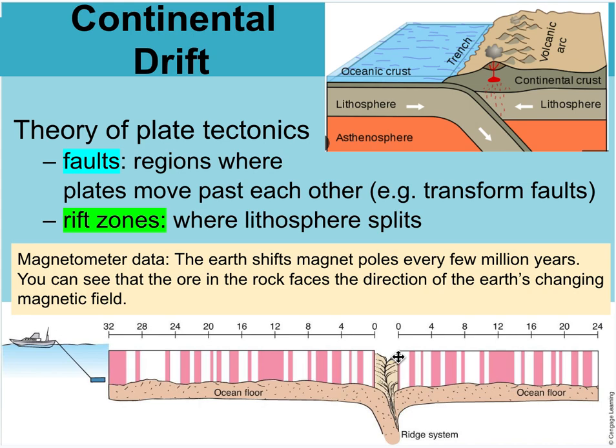An interesting thing is that at these rift zones where new rock is coming out, right now, because magnetic north is at the north, the magnetic materials like iron will actually point towards the north.